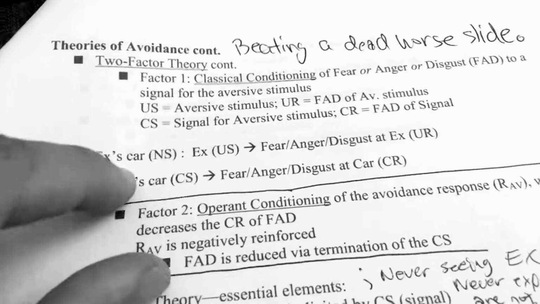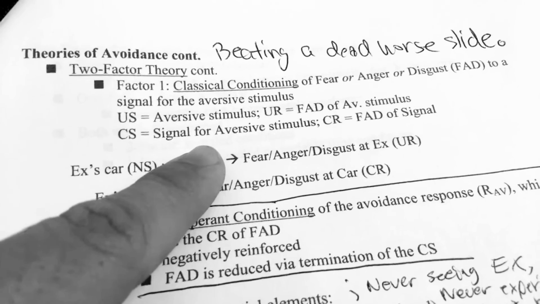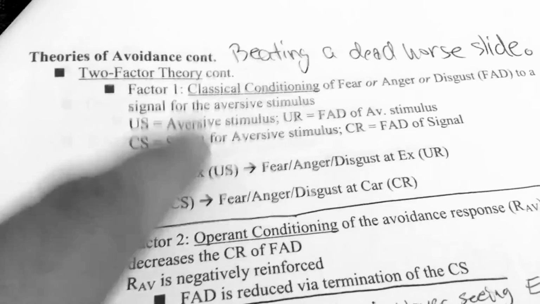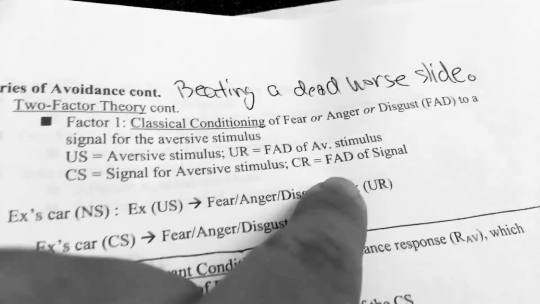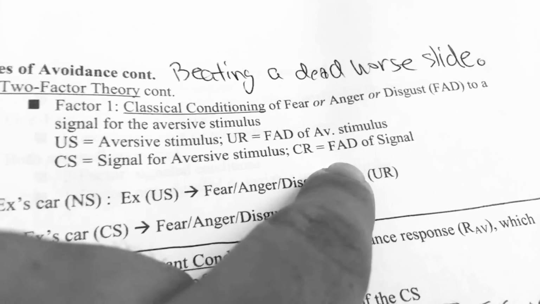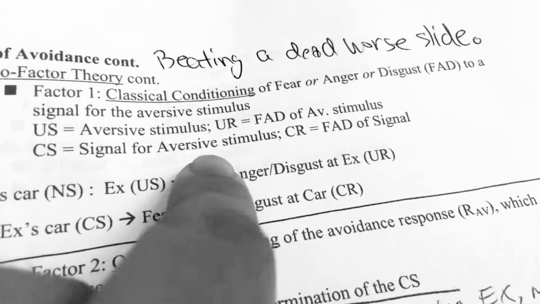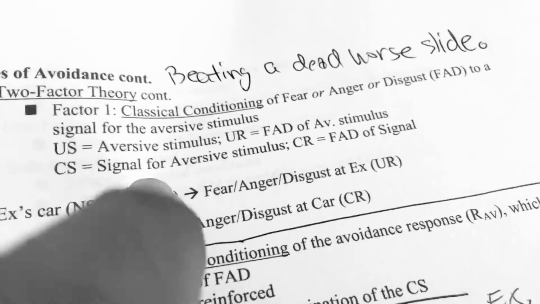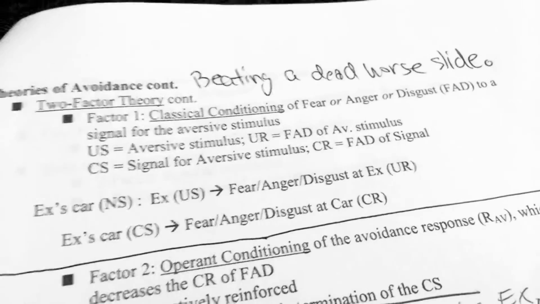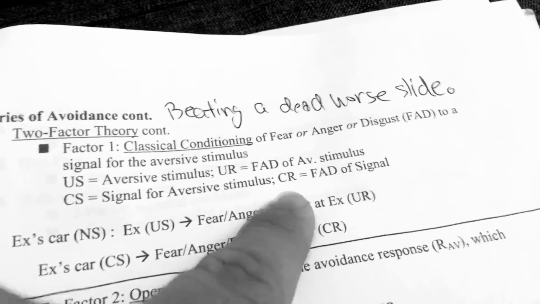Your conditioned stimulus is the signal for the aversive stimulus, which would be the car, right? Seeing your ex's car, let's say it's a green Jetta. But now you have a conditioned response, which is your fear, anger, and disgust of the car. Not only your ex, but now it's applied to her car. So seeing a green Jetta is going to be an automatic conditioned response.